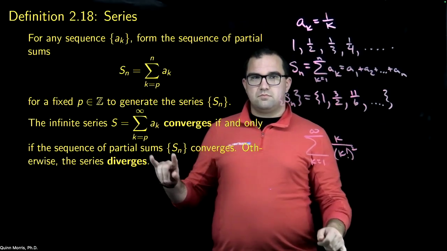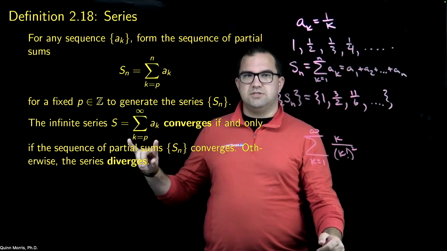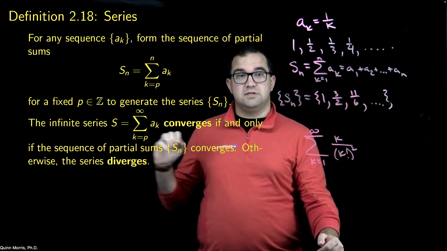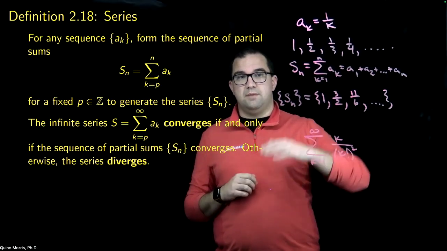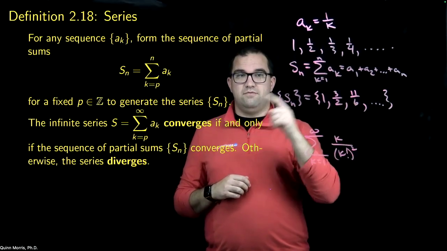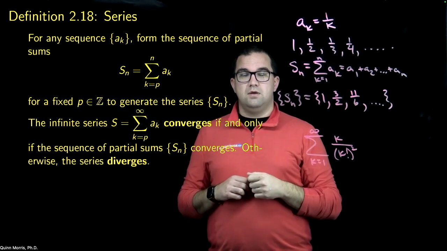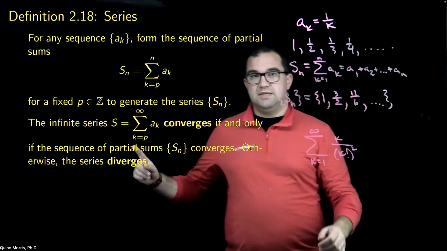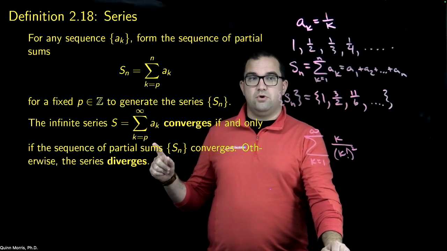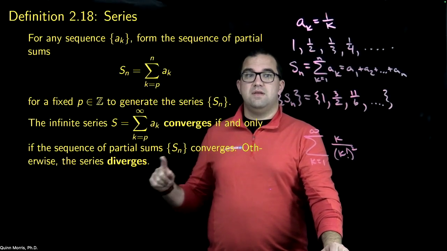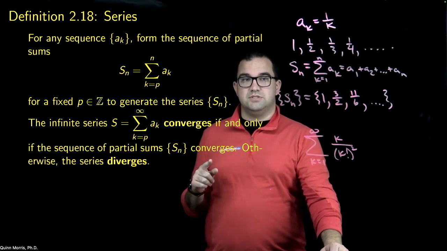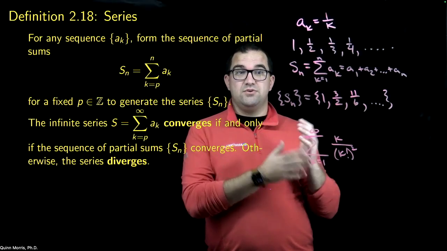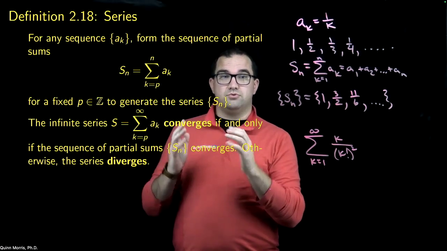So often when we talk about the infinite series, we're thinking about a representation like the sum from k equals some number up to infinity of the terms a sub k. But that's equivalent to thinking about this sequence of partial sums. And so the infinite series will converge if and only if this sequence of partial sums converges, because they're exactly the same thing. An infinite series is really just a sequence of partial sums.